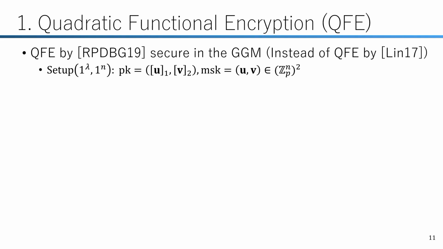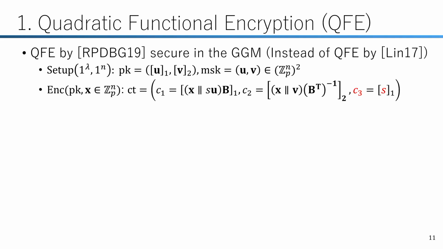So in their scheme, if we set the message length n, then first we choose two vectors u and v, the lengths of which are n, and the public key is the group vectors [u] and [v], and this bracket notation denotes the element-wise exponentiation to the G1 group and G2 group of pairings.